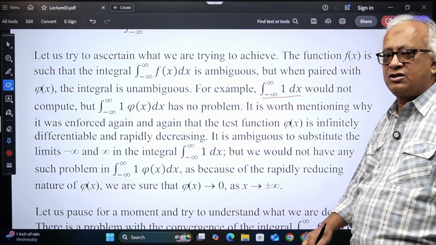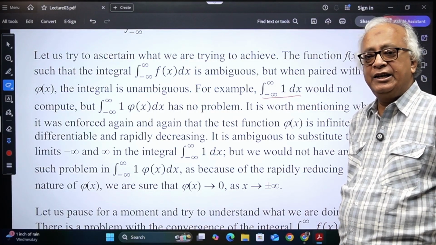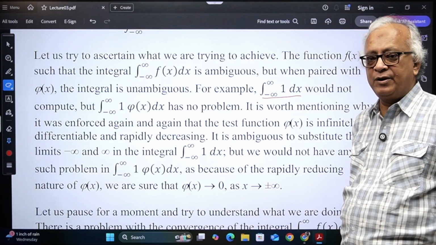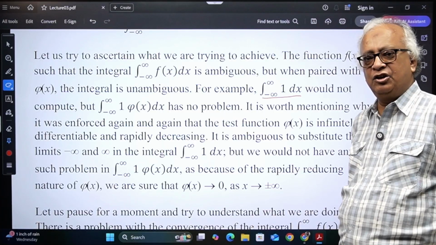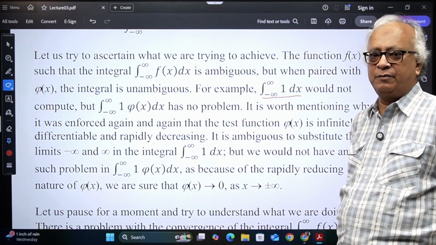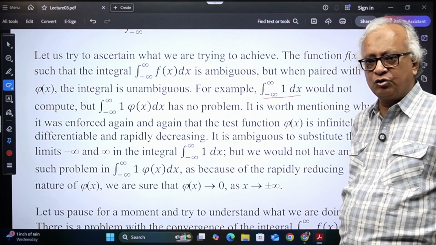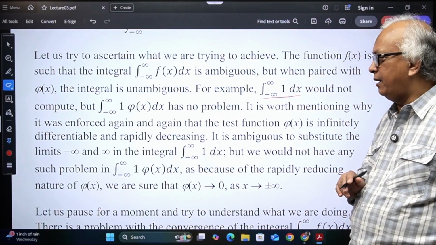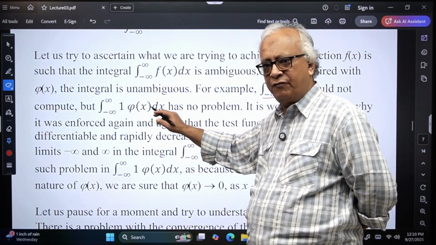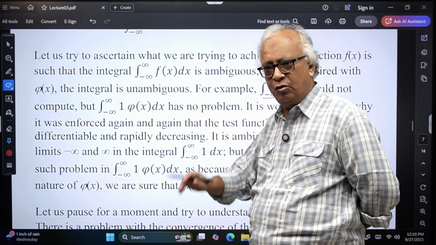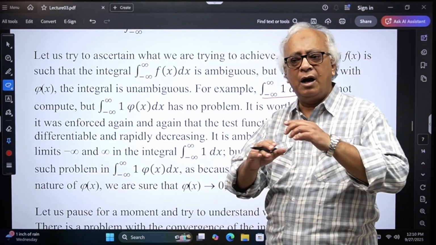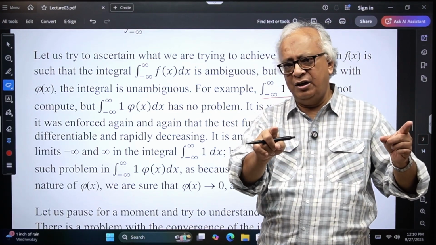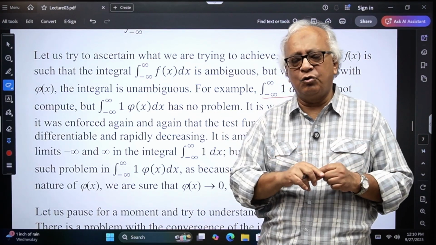Integration of 1 dx from negative infinity to infinity. না, আমি করতে পারবো না. হ্যাঁ, ইন্টিগ্রেশন করতে পারবো, লিমিট বসাতে পারবো না. Would be problematic. কিন্তু 1কে যখন আমি phi দিয়ে মাল্টিপ্লাই করে ইন্টিগ্রেশন করব, নো প্রবলেম. আমি কেন বলতে পারতেছি? কারণ আমি phi-কে এমন প্রপার্টি দিয়ে রেখেছি যে 1-এর সাথে মাল্টিপ্লাই করে আমি ইন্টিগ্রেশন করতে পারবো.